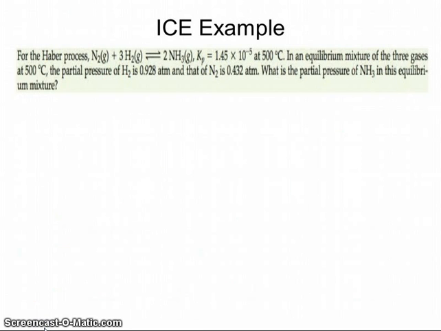All right, another example for the Haber process. I've got nitrogen reacting with hydrogen to produce 2 molecules of ammonia, and they give me the Kp value. So I'm going to go ahead and rewrite the equation here so we can work with it. I'll have N2 plus 3H2 will make 2 NH3.